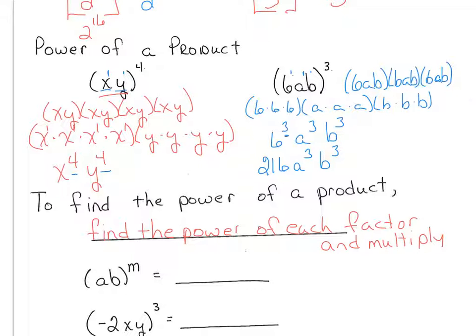So if I have AB to the M, that becomes A to the M, B to the M. Remember, if there is no exponent, 1 is understood to be there.